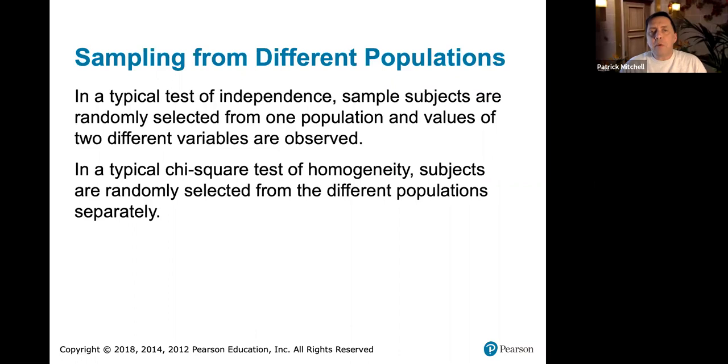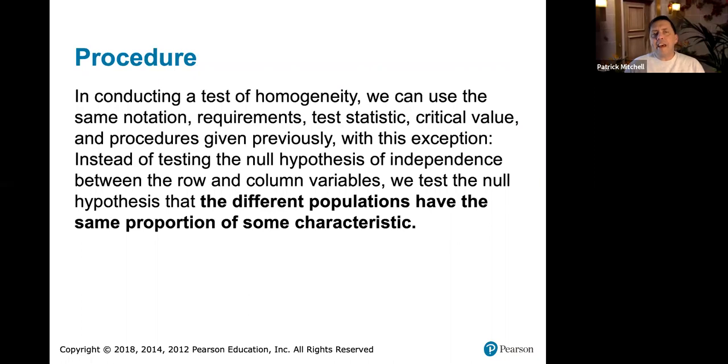In a typical chi-square test of homogeneity, subjects are randomly selected from the different populations separately. In conducting a test of homogeneity, we can use the same notation, requirements, test statistic, critical value, and procedures given previously, with the exception that instead of testing the null hypothesis of independence between row and column variables, we test the null hypothesis that the different populations have the same proportion of some characteristic.